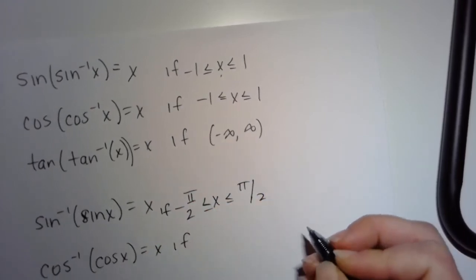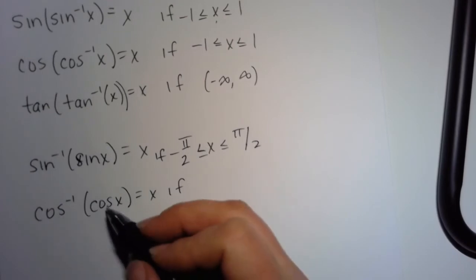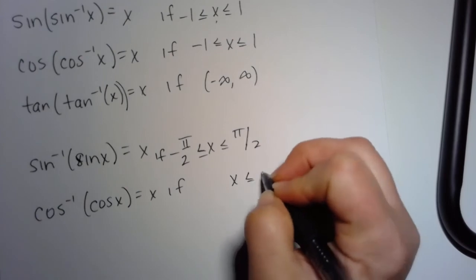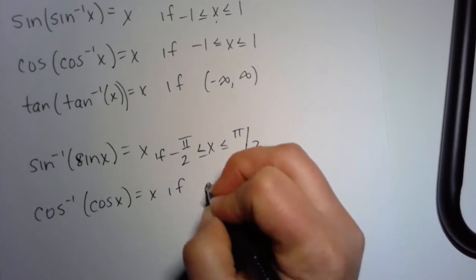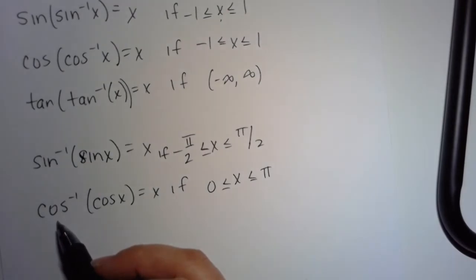Now when I restrict my domain for arc cosine, if x is between pi and 0, remember that was my restricted domain so that it has an inverse.